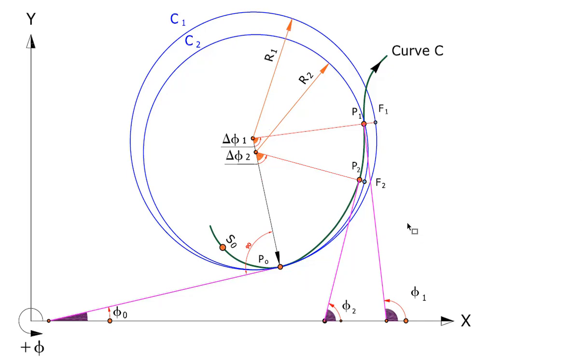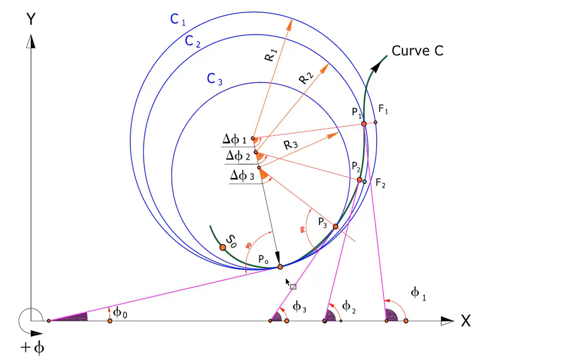So now we will repeat the same process by choosing another close point to P0, and that is point P3. We draw the tangent and we extend the perpendicular, and we get the new center for the new circle C3. The central angle is delta phi 3. From this point we choose this point as the center for the new circle, and we pass it from point P0 as we did before, and we get circle C3.